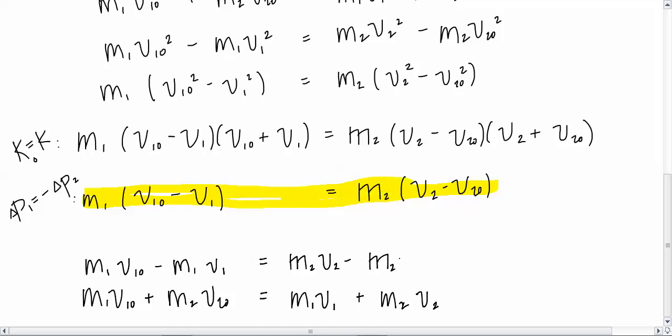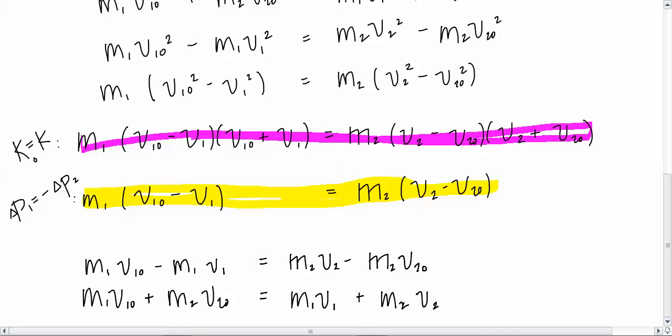So this would be v2 initial. And can I factor out an m1 and factor out an m2? So now I have this really pretty equation for the conservation of energy all factored down, and I've got this conservation of momentum equation, and they look super duper similar.